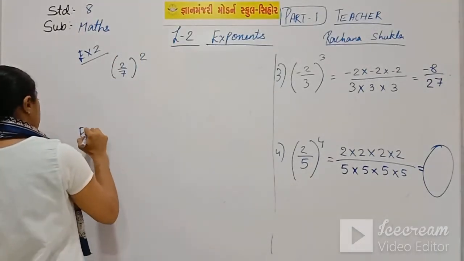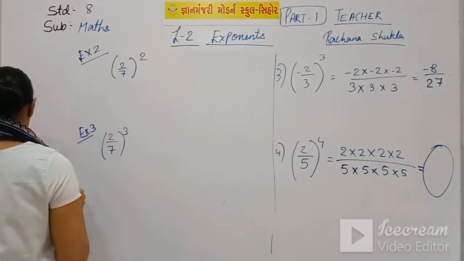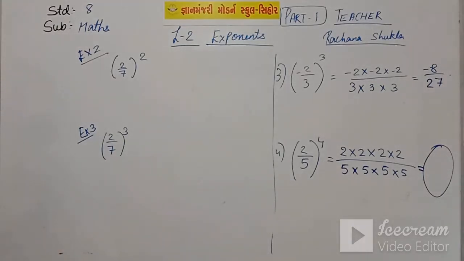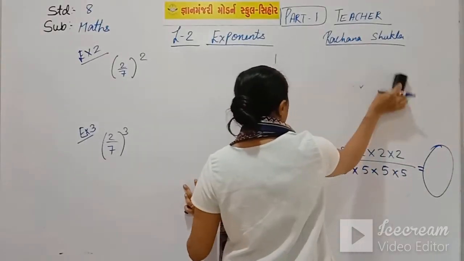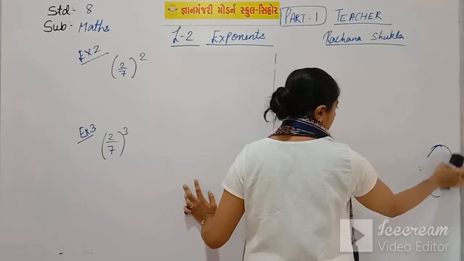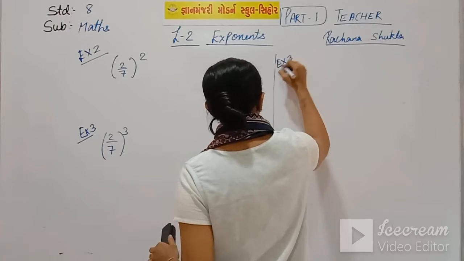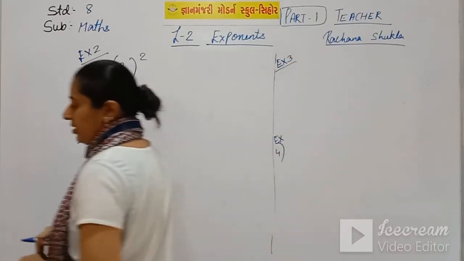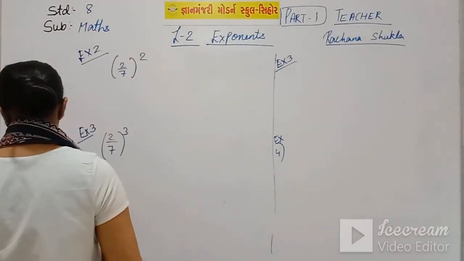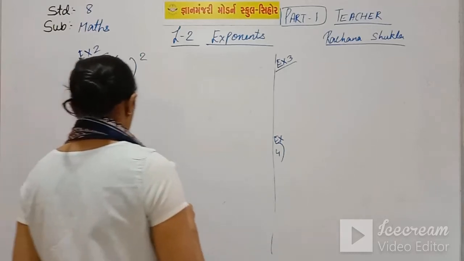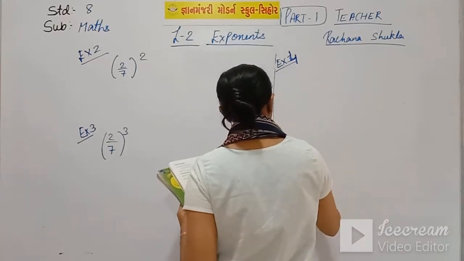So then example 3, 2 upon 7 to the power 3. Sorry, this was example 4 and this was 5.